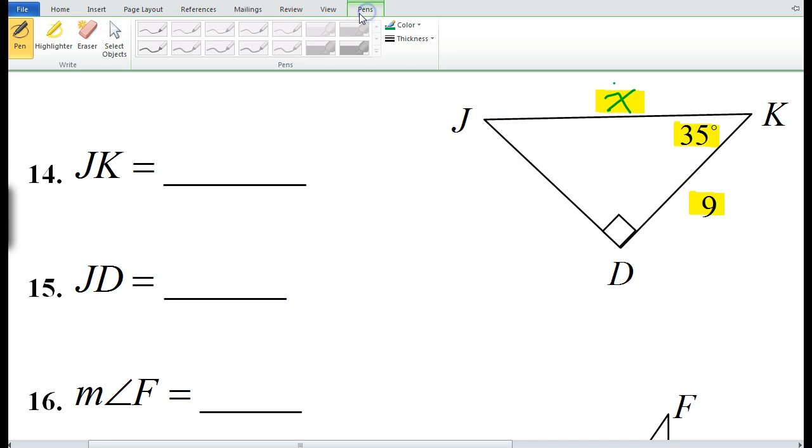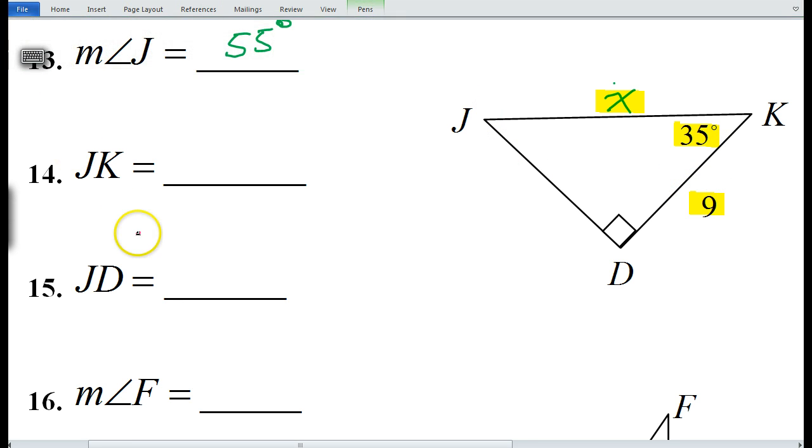As you focus on those three things, which function should this be reminding you of? Cosine. Right. I'm hearing two different people mentioning cosine. Why cosine? Looking at the 35, 9 is adjacent, x is hypotenuse. That's cosine: adjacent over hypotenuse.